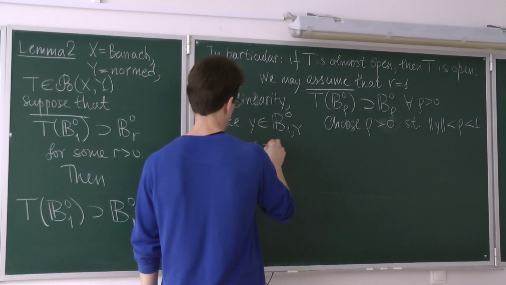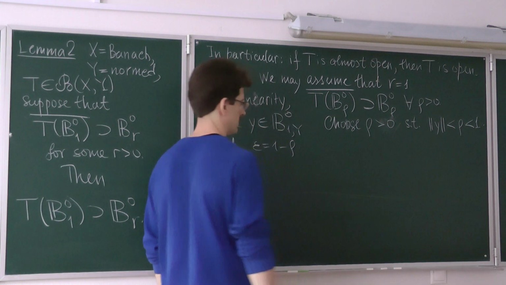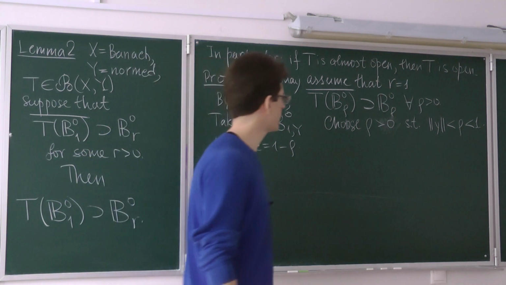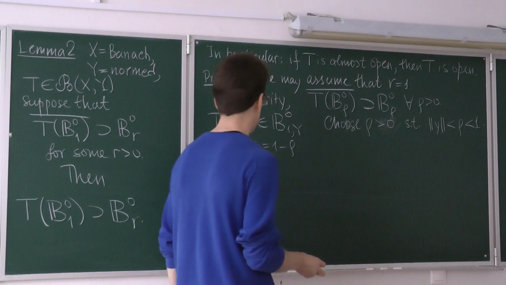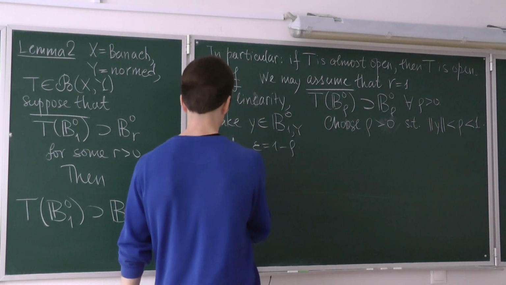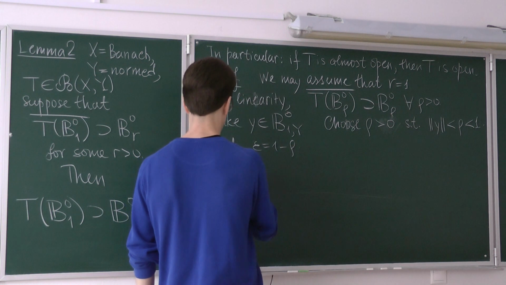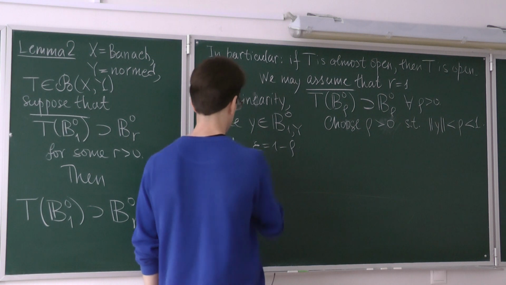Now let epsilon be 1 minus rho. So this is a positive number. And so we see that y now is in the open ball of radius rho.